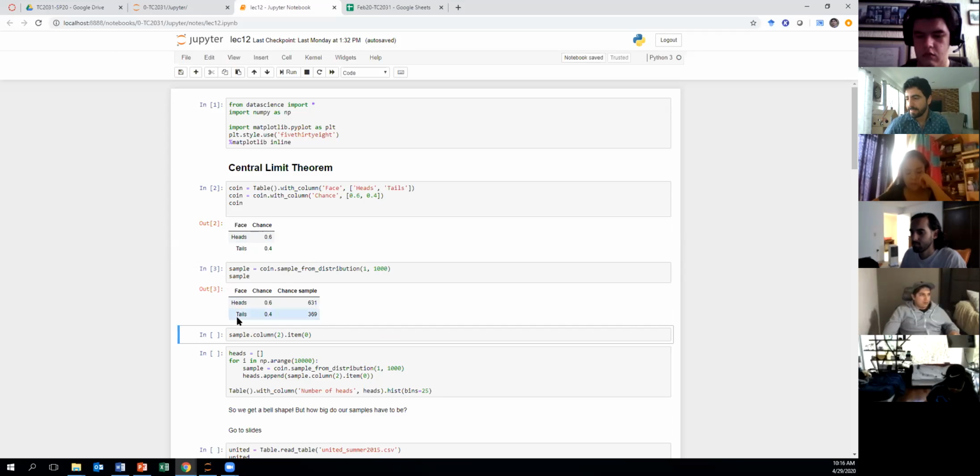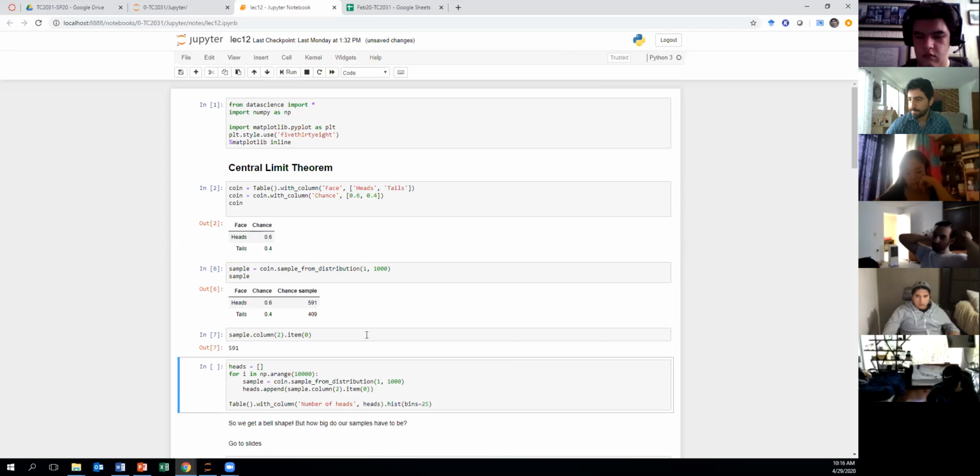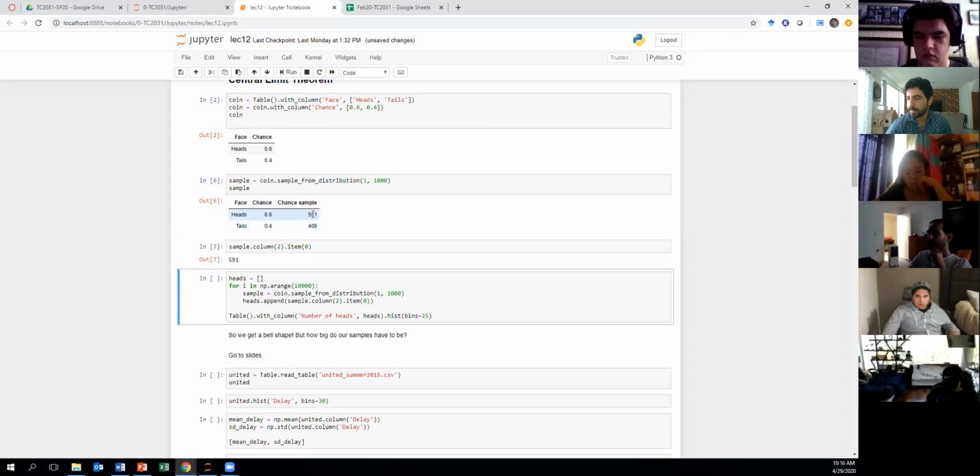Let's say these are heads, this is tails. So I have 631 heads, 369 tails. If I take another one, you can see it's changing, but still the number of heads is always higher because, of course, there's more chance here.